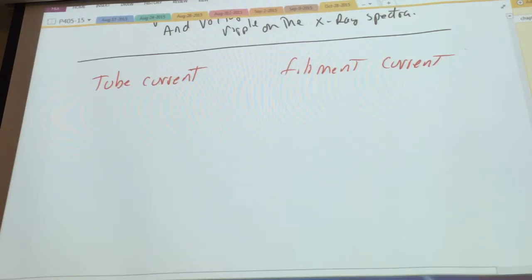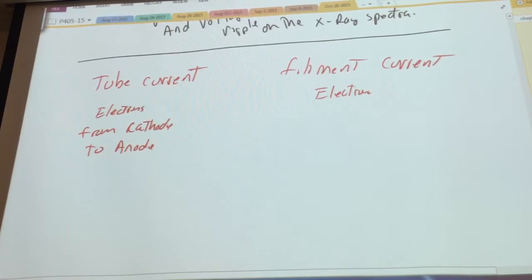In both cases, we're talking about electrons. In one case, we're talking about the tube current, and the other one, the filament current, we're talking about the electrons in the filament itself.